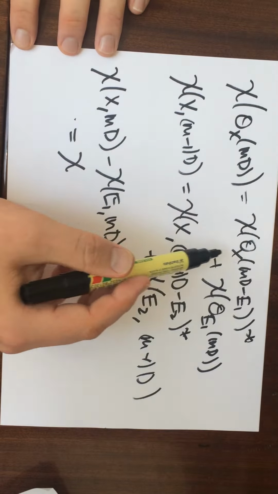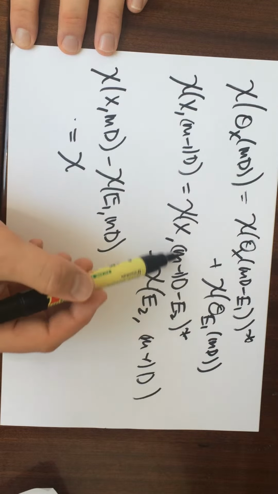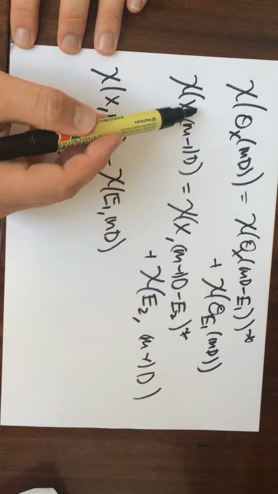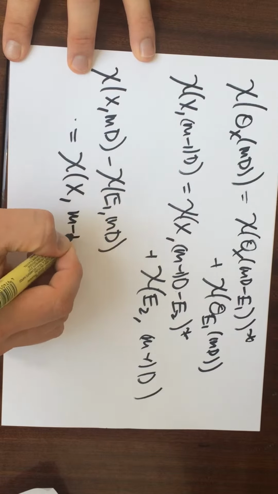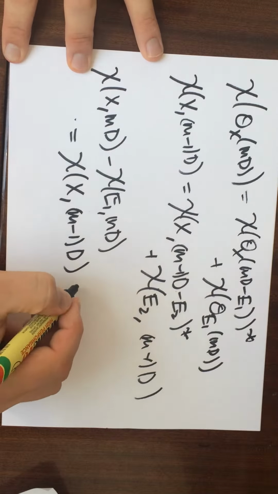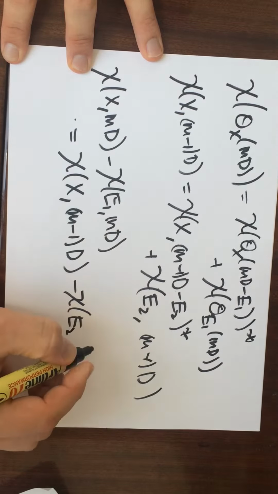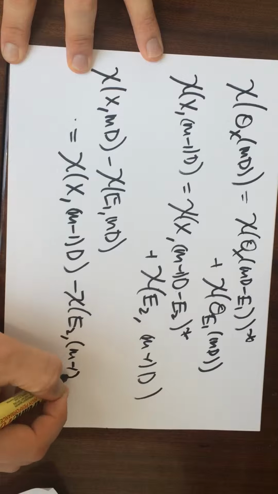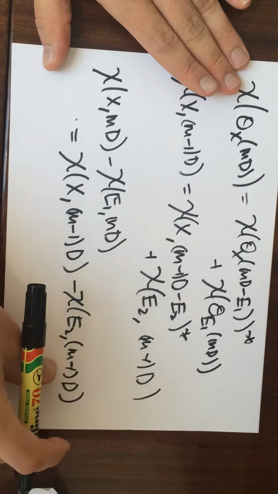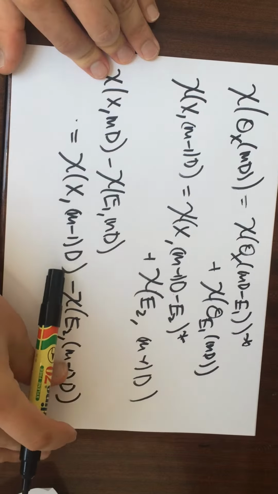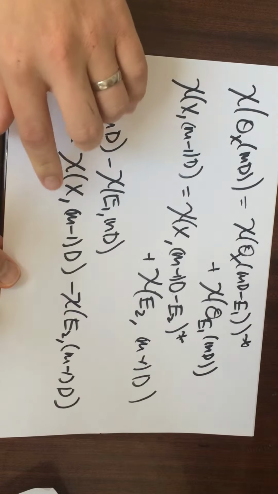Now this thing is equal to this, which is equal to the difference of those two, and that's what I'm writing down: chi of X of (m minus 1)D minus chi of E2 of (m minus 1)D. Great. Now we can look at the difference of these two things.